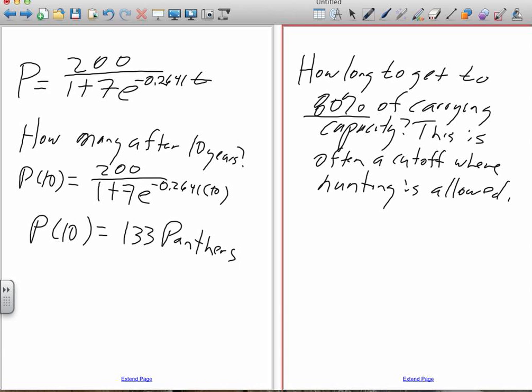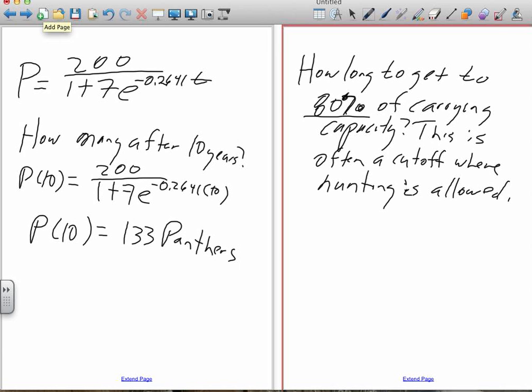Now, this number can vary depending upon whether you're dealing with predator or not, size of the creature, a bunch of other stuff. But oftentimes it seems like you see them talk about 80% of carrying capacity. Because once we get to that point, then they feel a lot more comfortable about going out and allowing people to start taking at least some panthers out.